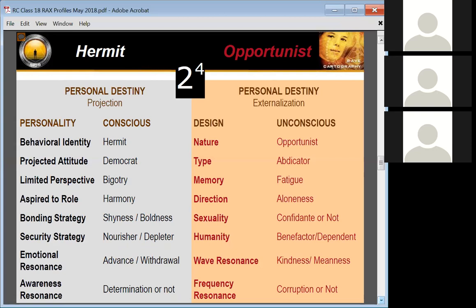They like some time alone to be in their own little world, just, kind of leave me alone to do my own thing. And yet they have this split personality, if you consider the split between the personality and the design, and yet they also have the duality of what goes on with a second line and a fourth line, that meanness or kindness, the advance or withdrawal.